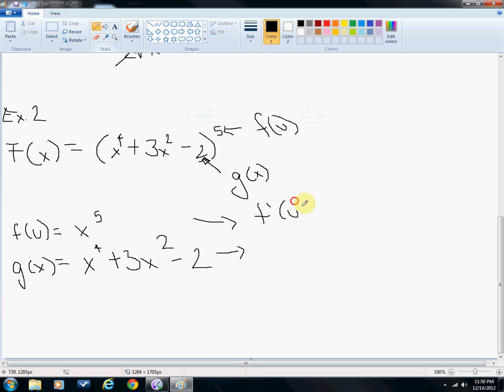I'm sorry for the sloppiness, I'm not used to writing with this. And 5x to the fourth, and the derivative of g is 4x to the third plus 6x.